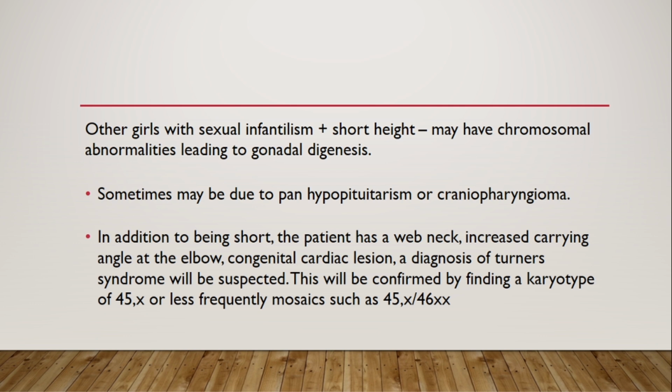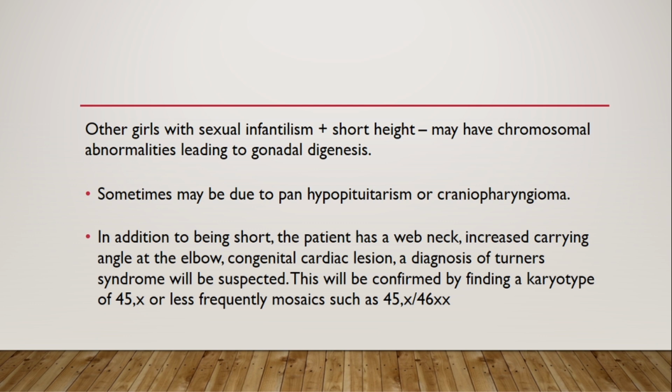In addition to being short, the Turner syndrome patient has a webbed neck. You can see the neck is webbed down. There is an increased carrying angle at the elbow. And then there may be evidence of congenital cardiac lesion.